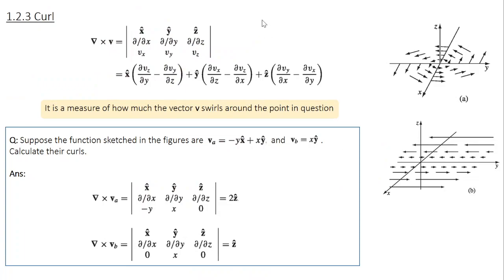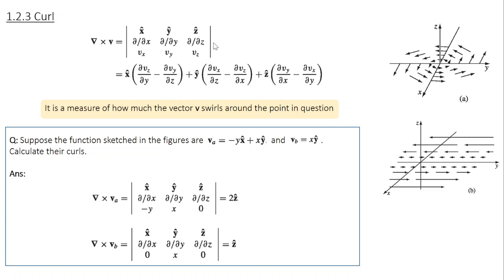Now coming to the third operation, which is the cross product of a del operator and a given vector function. So using the determinant rule, you can expand the cross product as x cap, y cap, z cap, dou by dou x, dou by dou y, dou by dou z, vx, vy, vz.